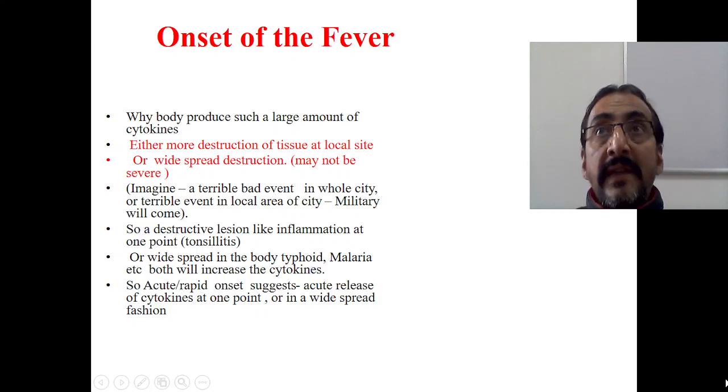Anyway, suppose I give an example. Imagine a terrible bad event has happened in the city. Some bomb blast or something happened in the city.